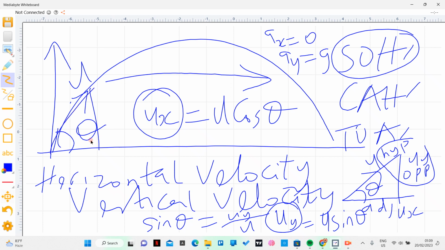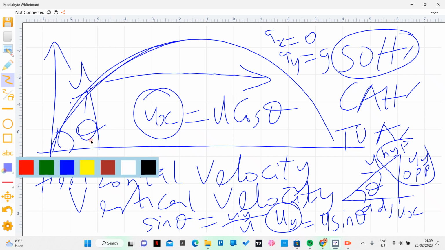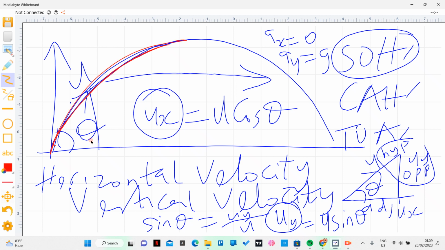So if the object is around here, you have two parts. You can split this into two parts, when the object is going up and when the object is coming down.